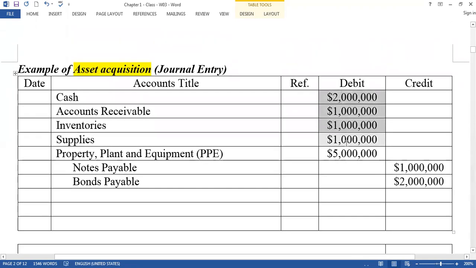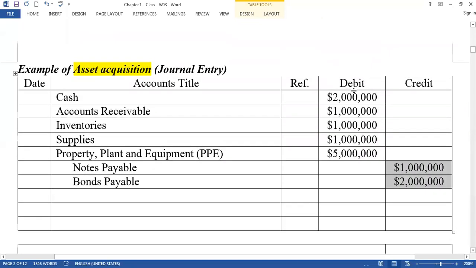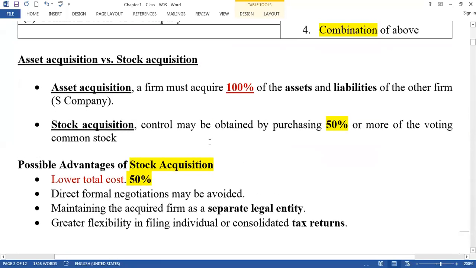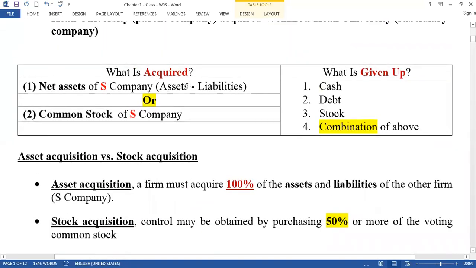So you buy my assets, and you buy my liabilities. So you record assets as debits and you record liabilities as credits. We buy assets, we buy liabilities, right? Now what do you have to pay? You can give me cash.